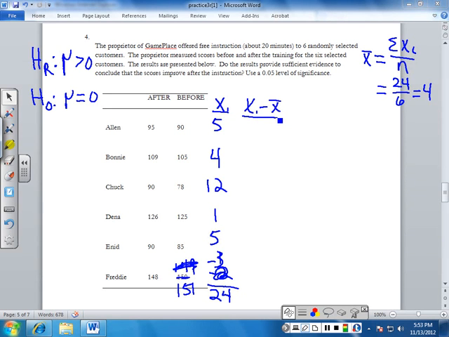So I'm subtracting 4 from each of these. 1, 0, 8, minus 3, 1, and minus 7. And that adds to 0, so I'm thinking I must have gotten those right.